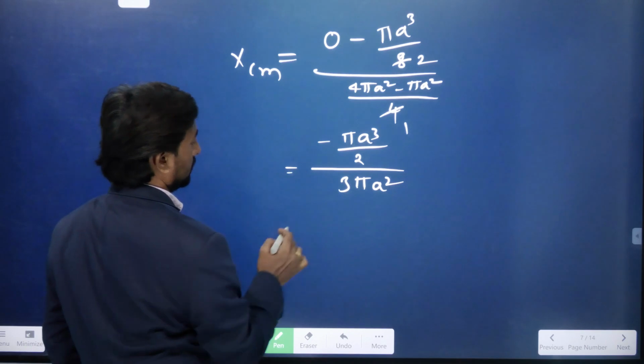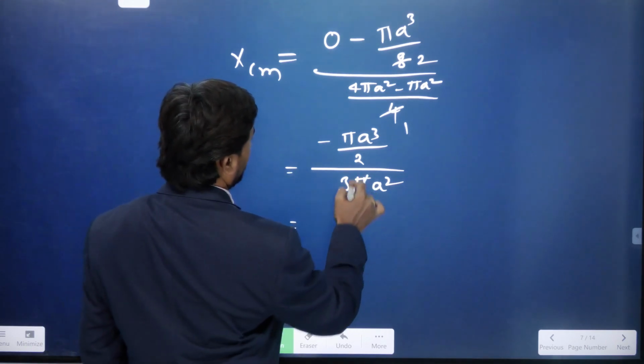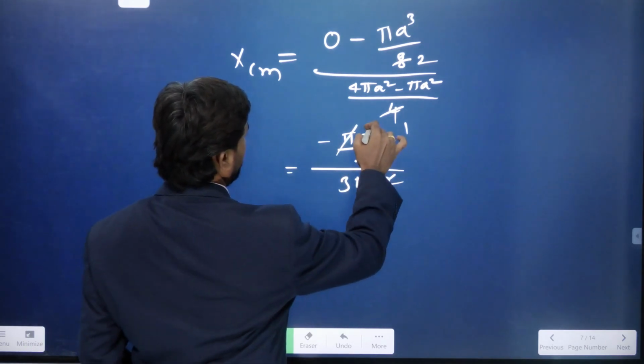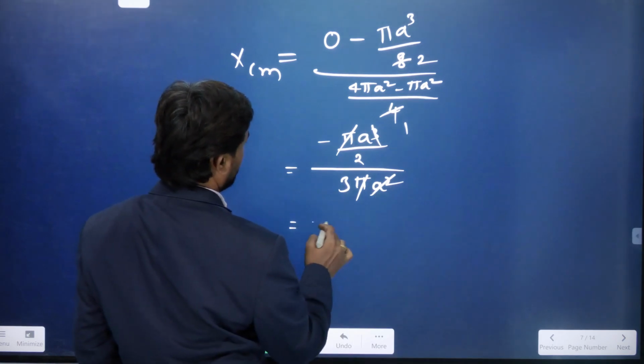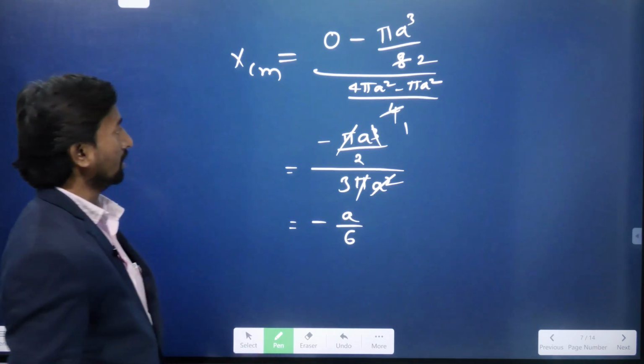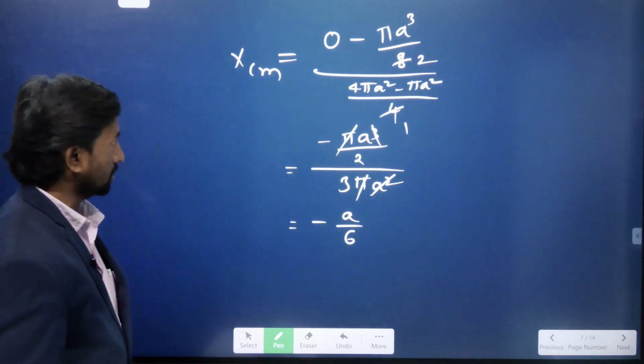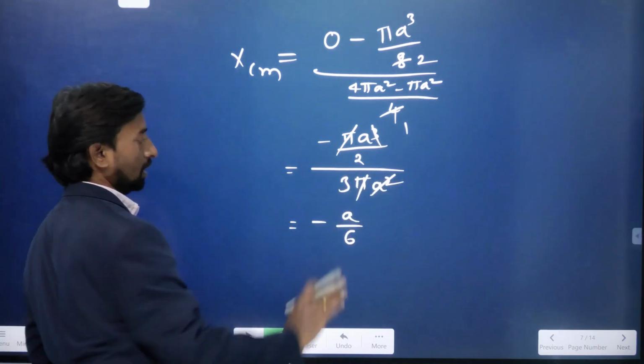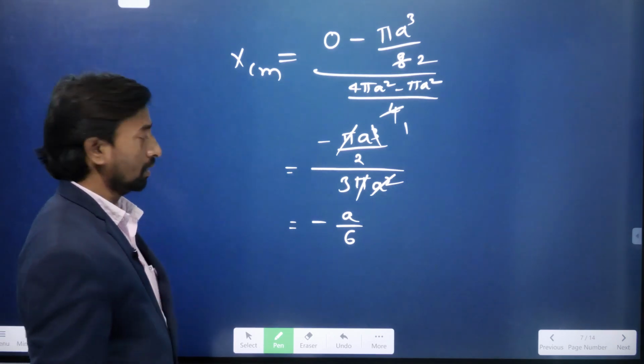This is the value we will get. So pi and pi will cancel, a square and a cube will cancel, so remaining is minus a by 6. Therefore YCM, as usual, is at 0 only.